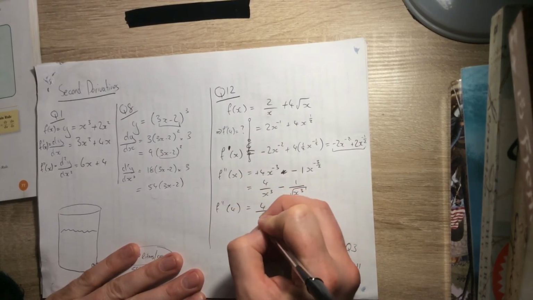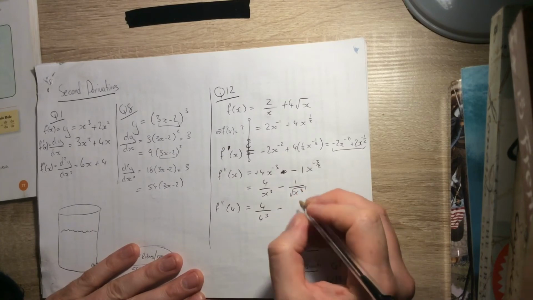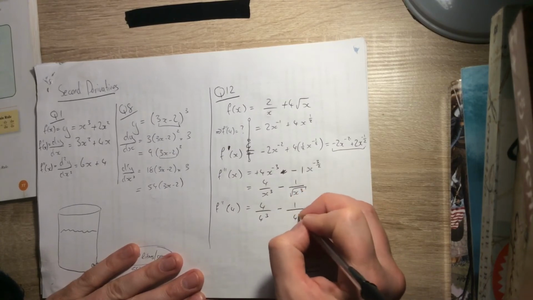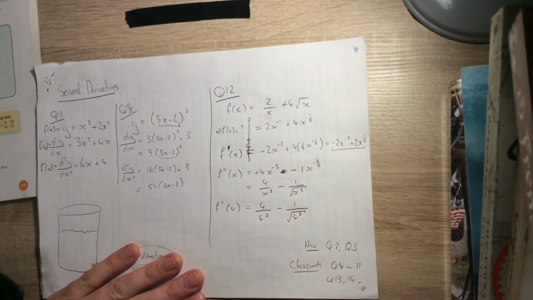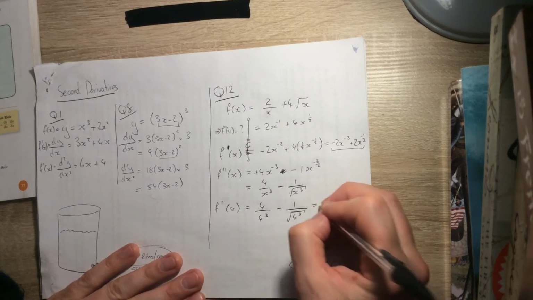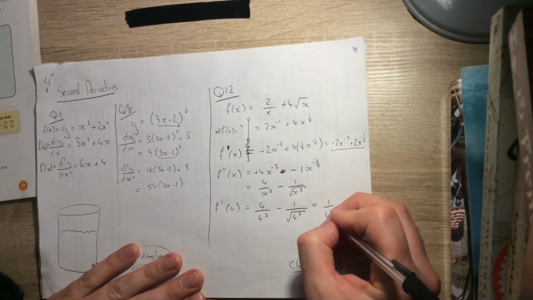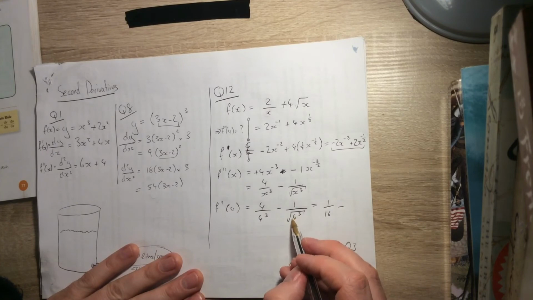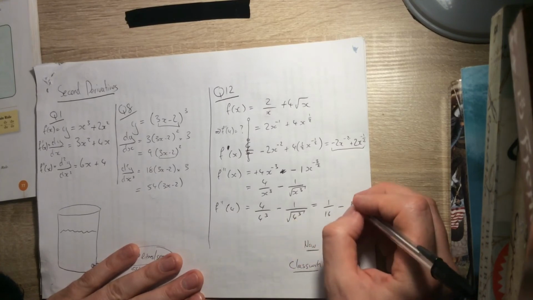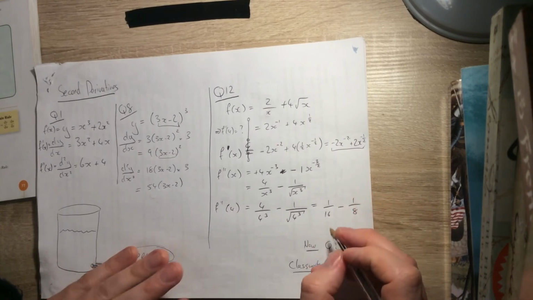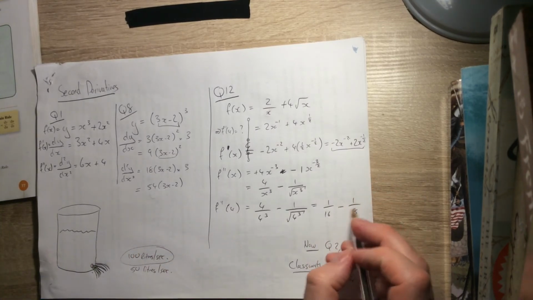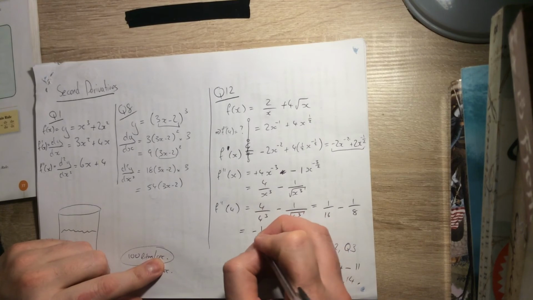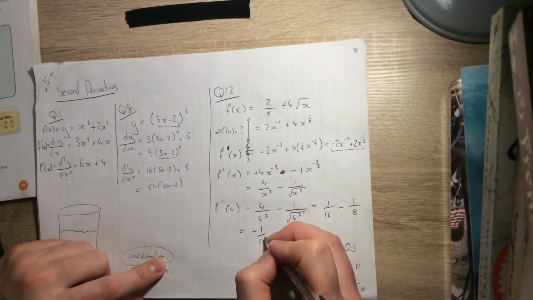That's 4 over 4 cubed minus 1 over the square root of 4 cubed. And that is going to be 1 over 16, take away, square root of 4 is 2, cubed is 8, 1 over 8, and that's 2 over 16. The answer is minus 1 over 16.